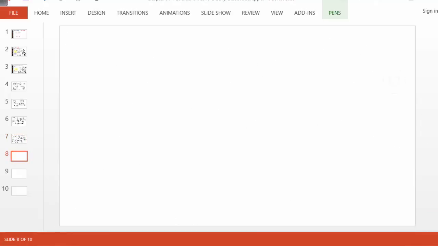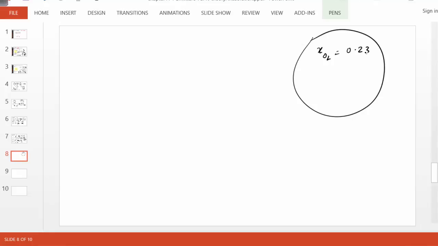Okay, now let's do a quick example. Suppose we have a mixture where X of oxygen is 0.23 and the rest is nitrogen. So obviously nitrogen will be 1 minus 0.23. Let's say this is how we're going to model air.